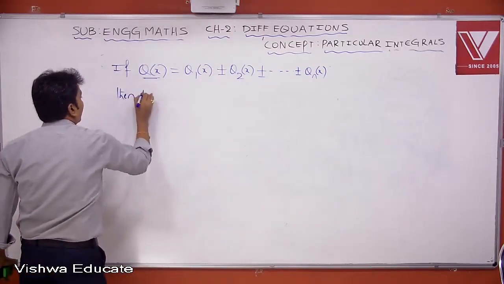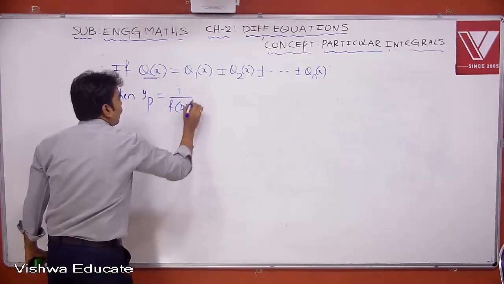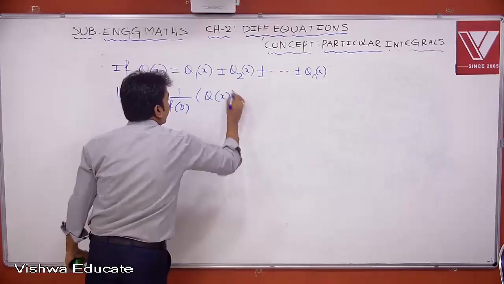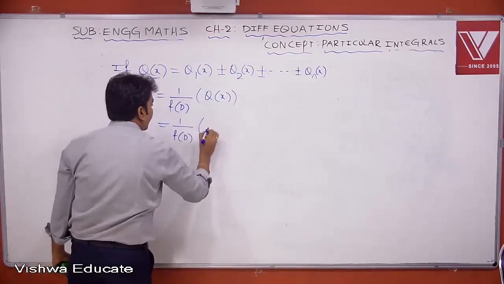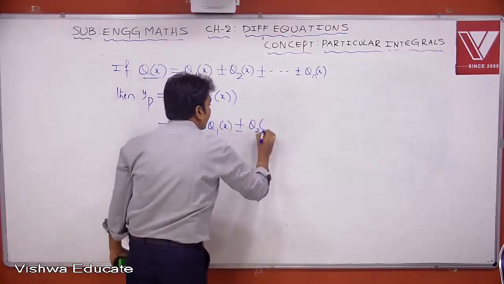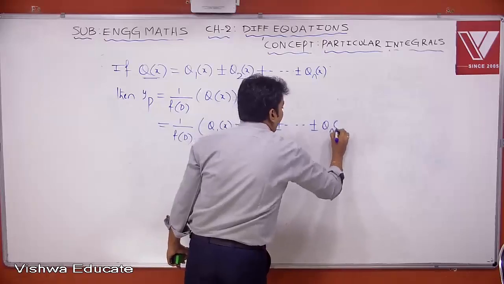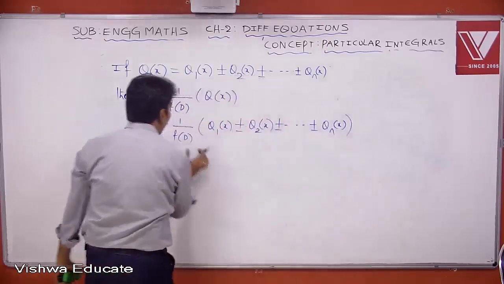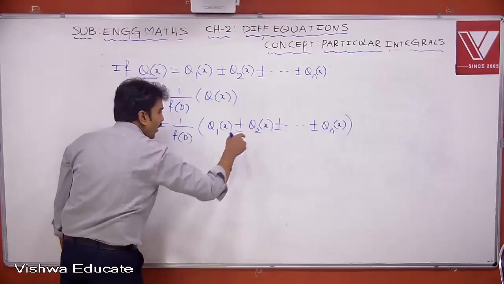Then my yp equals the standard formula, 1 by f of d of q of x. Here q of x is q1 of x plus or minus q2 of x plus or minus and so on, plus or minus qn of x. So apply the particular integral for all functions and insert the same symbol that we have.